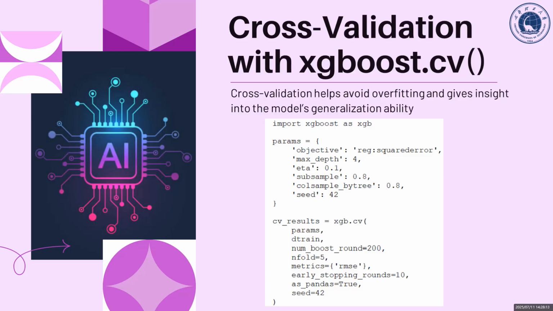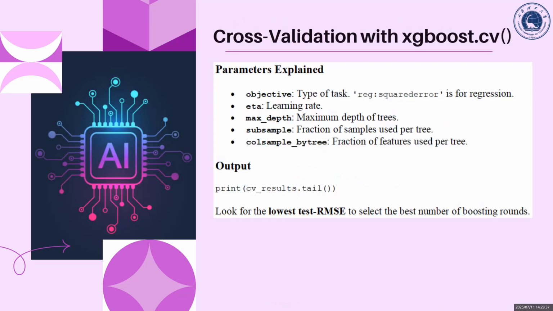All right, so whether you are training your model using a time series data set or other forms of data set, you can follow the same procedures, whereby you have to set your parameters and then run the training and also the cross-validation. All right, so for cross-validation with xgboost.cv, the parameters that have been chosen are explained as given.